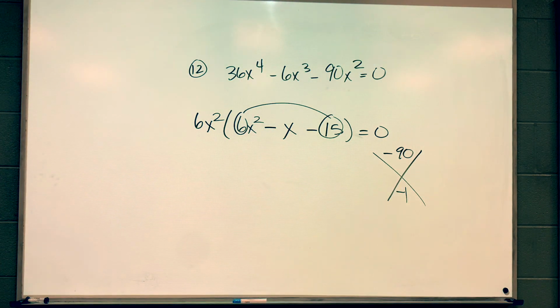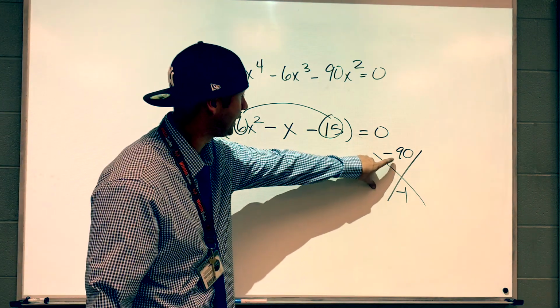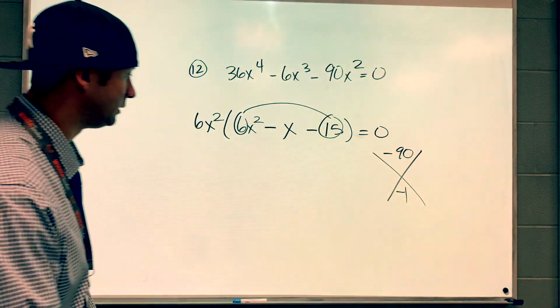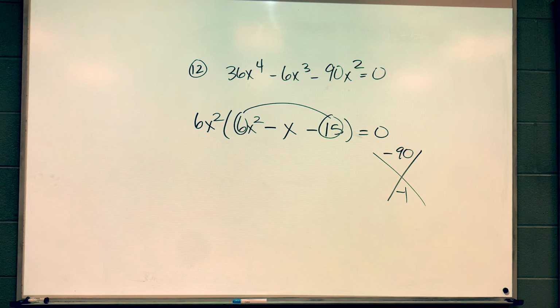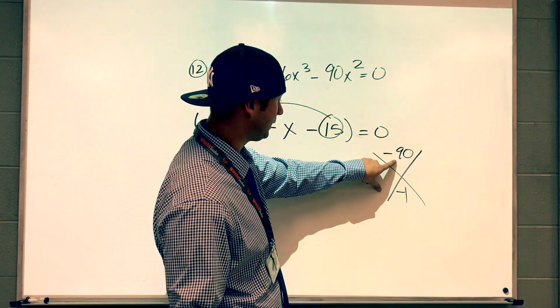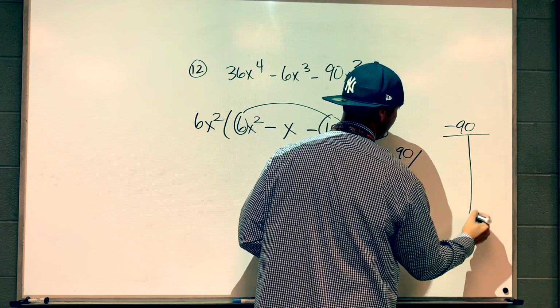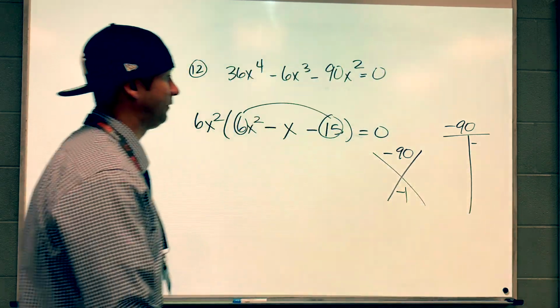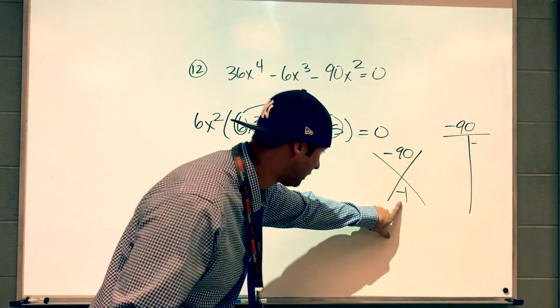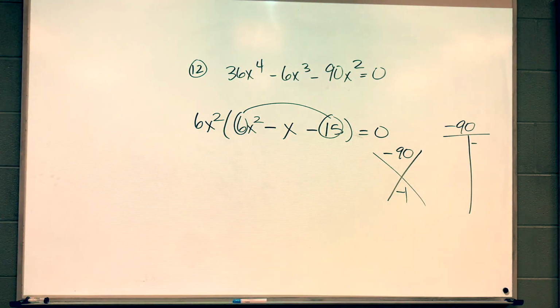Okay, I need two numbers that multiply to make negative 90, but add up to negative 1, so the big one's going to need to be negative. And they've got to be relatively close, right, because it's negative 1.